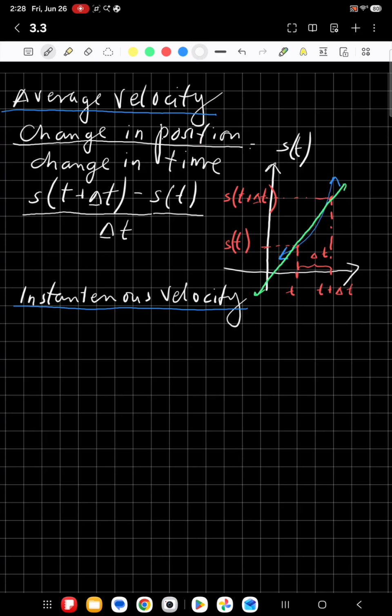So that velocity will be the limit as delta t approaches 0, just like with that h.